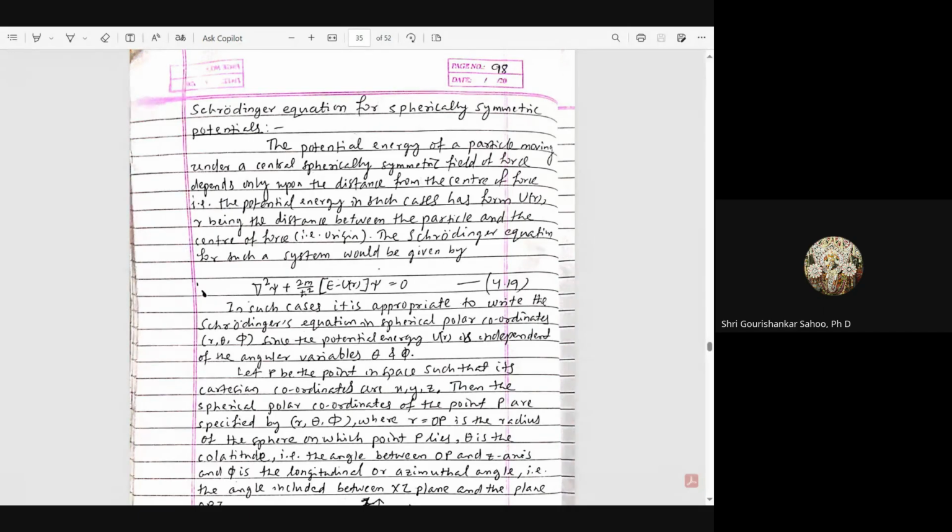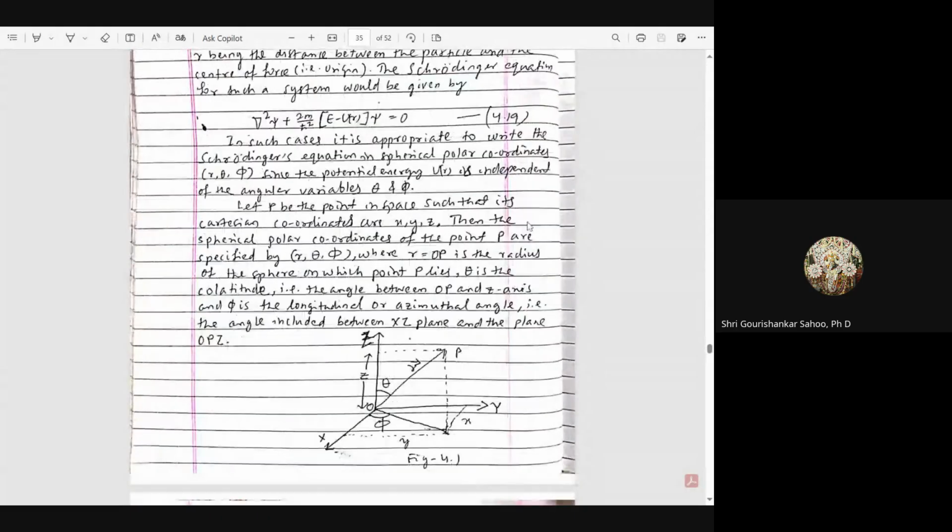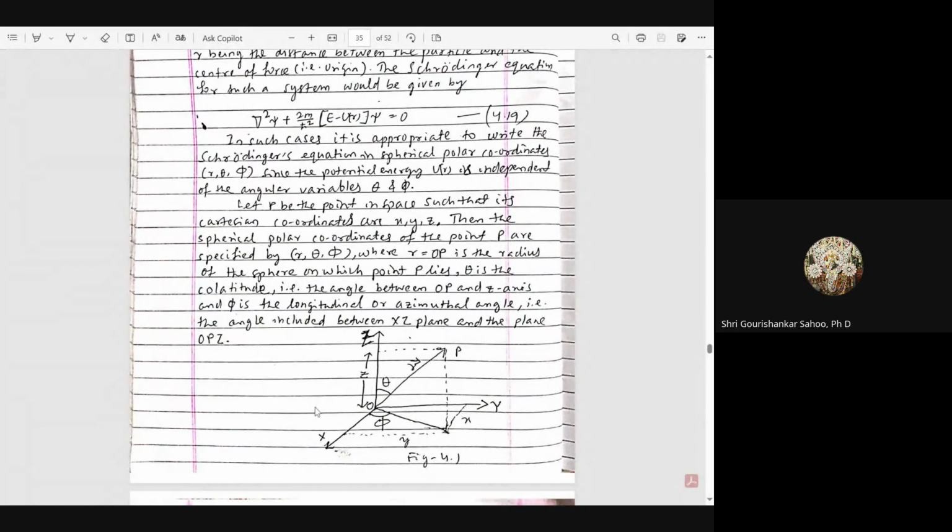In such cases, it is appropriate to write the Schrodinger equation in the spherical polar coordinate system, that is in terms of r, θ, and φ, since the potential energy U, a function of r, is independent of the angular variables θ and φ. Let P, as you can see in the figure, be a point in space such that its Cartesian coordinates are x, y, z.